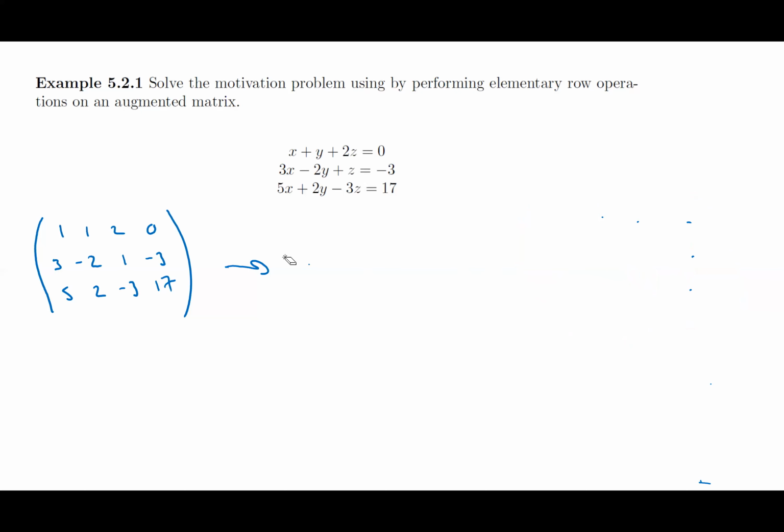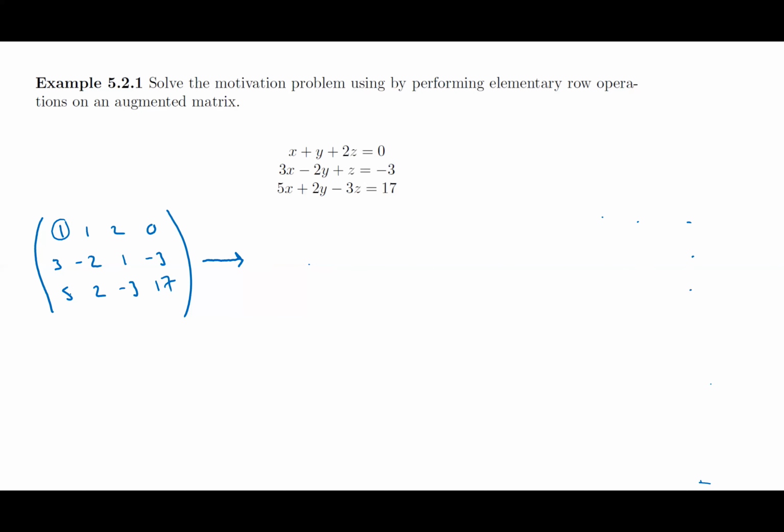Now, what I like to do is keep track of what I'm doing, and I do that through these arrows. So my first goal here is to turn the numbers below the 1 here into zeros. I need to turn that 3 into 0, and I need to turn that 5 into 0.